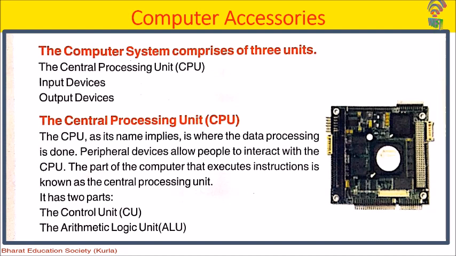CPU is called the brain of the computer system because it does all the calculation work. It stores the information. It does the work of comparison and analysis. The CPU is made up of three main components: the control unit, the arithmetic logic unit, and the memory unit.